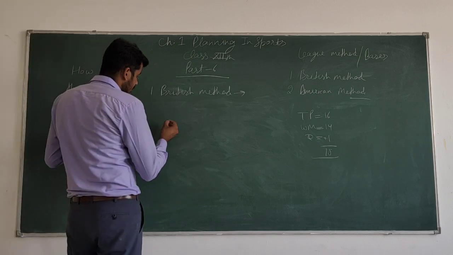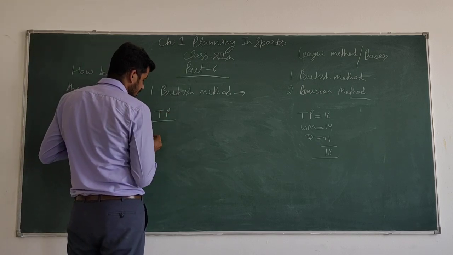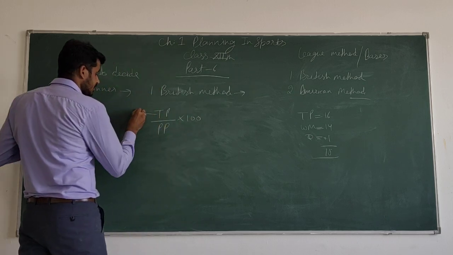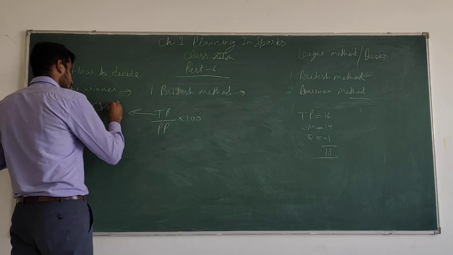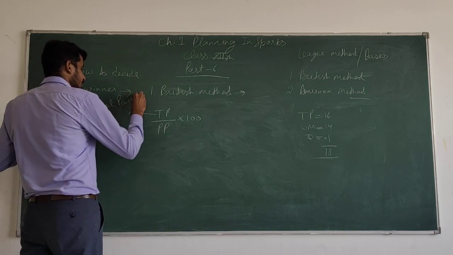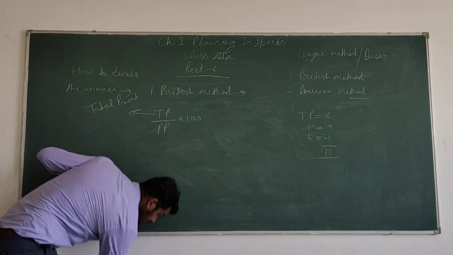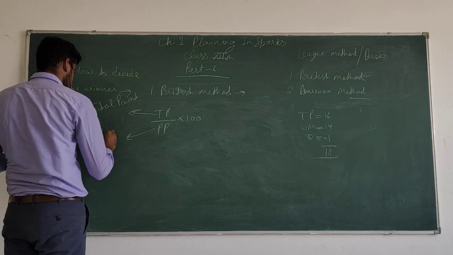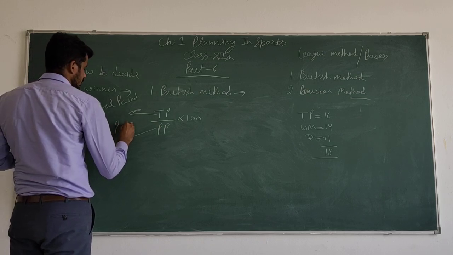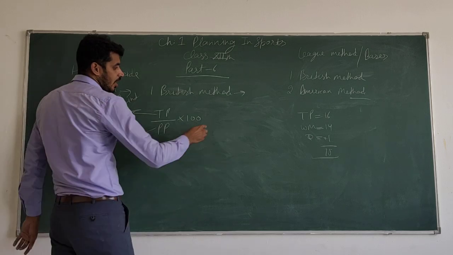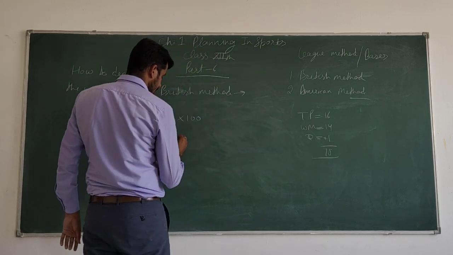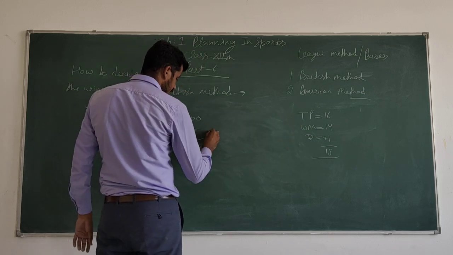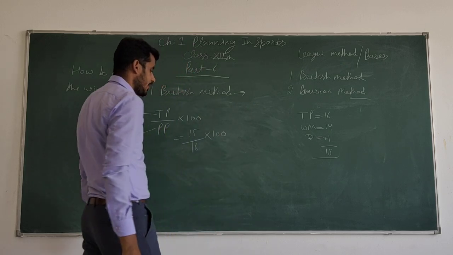So now the formula is: total points divided by possible points, multiplied by 100. Total points 15, total possible points 16, multiply 100.